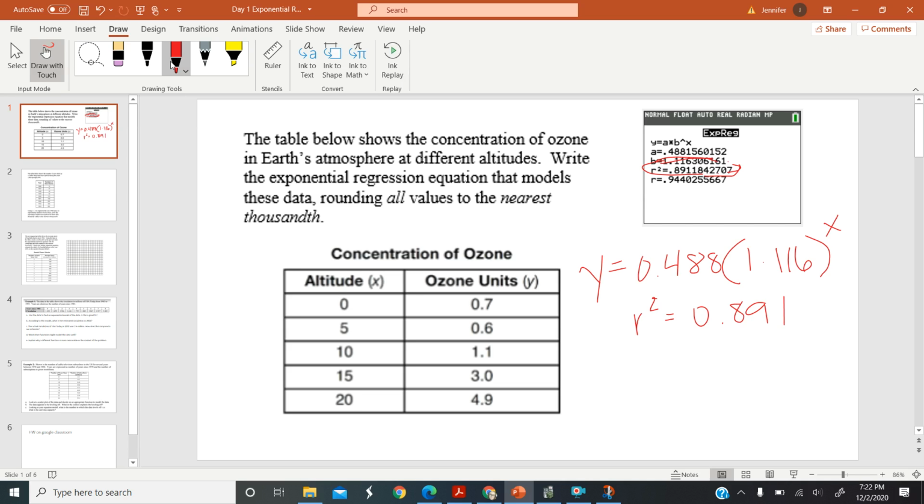The main thing you want to note is the closer r squared is to 1, the better the model is. So if you test out the data on several different regression equations, you're going to want to choose the regression equation that has the r squared value closest to 1.